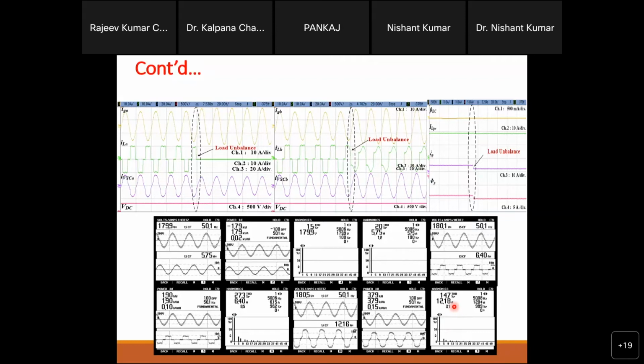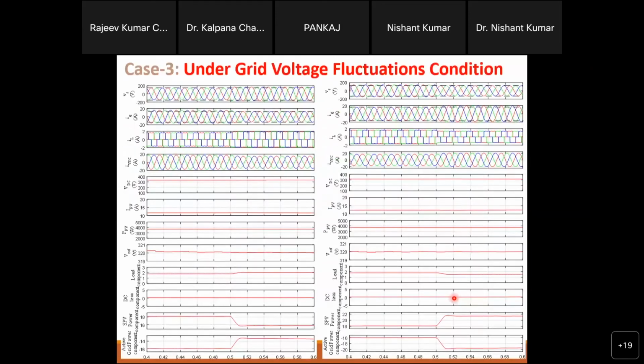So this THD is less, because this is not a direct linear addition, it is based on calculations. But here you will see a higher THD.